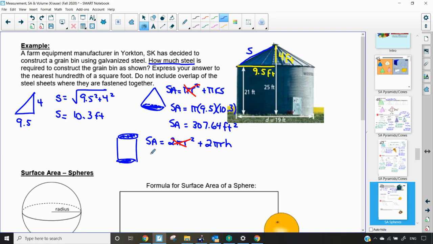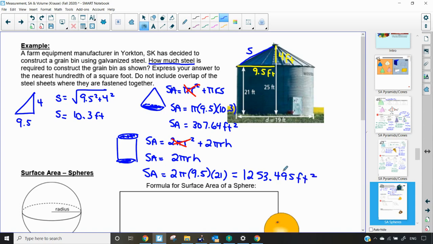So we're just going to have a surface area of 2 pi times radius times height. Our surface area here is going to be 2 times pi times the radius of 9.5 times 21. Calculating that out, we're going to have 1,253.495 feet squared.